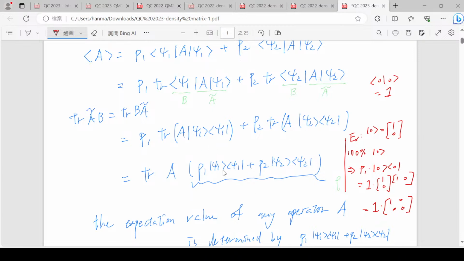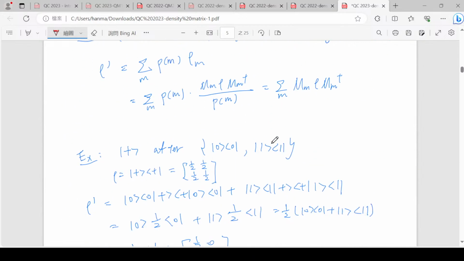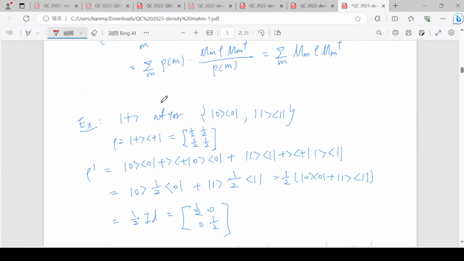As we derive here, if you have a probability mixture of two of them, you want this weighted sum. So maybe it's 1/2 here, and then you add it to another matrix, and so on. We have another example further down, after measurement.